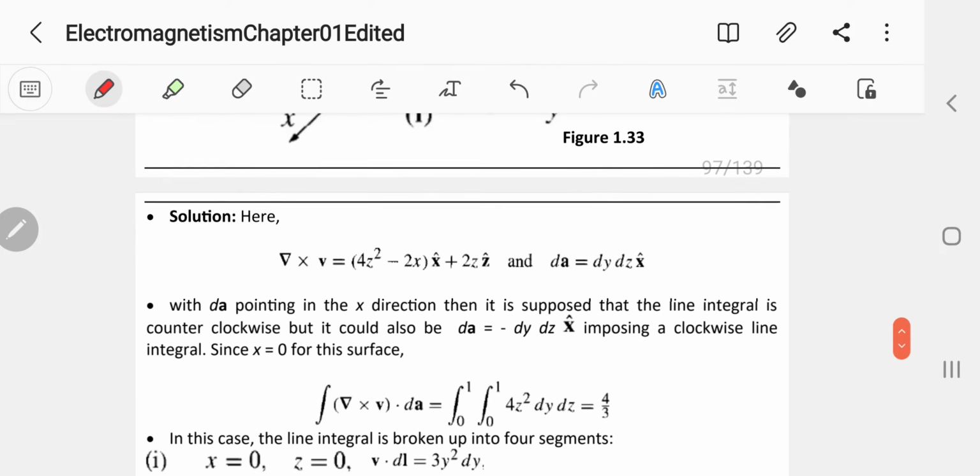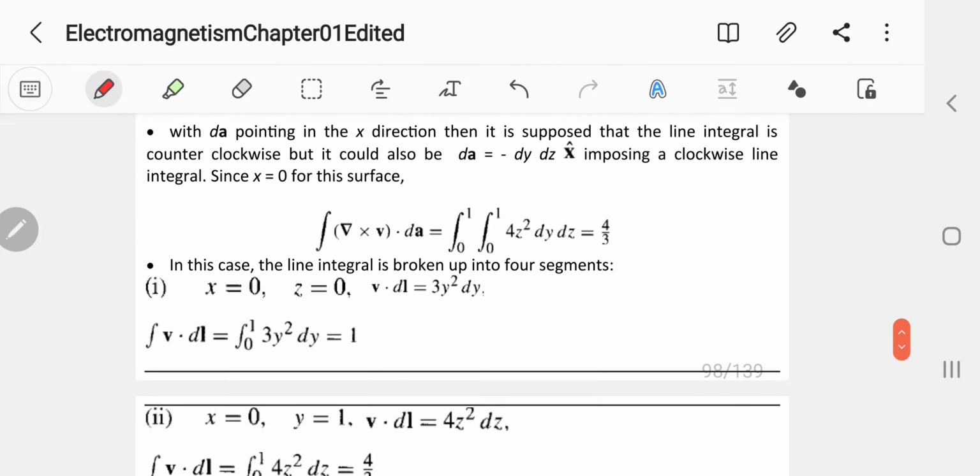Also z is equal to 0 and x is equal to 0, so everything boils down to this integral, and that's equal to 1.